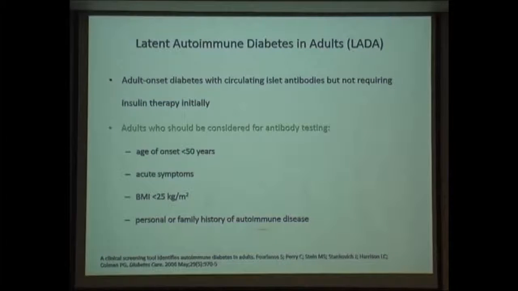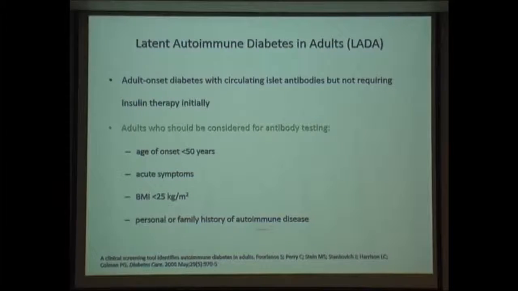It's a young adult coming with a picture like type 1, in the sense they are insulin requiring, they are autoimmune in nature, they have antibody positive status. So these adults usually have age of onset before 50, they have acute symptoms, osmotic symptoms, they have a low or average BMI, and they have a personal or family history of autoimmune disease.